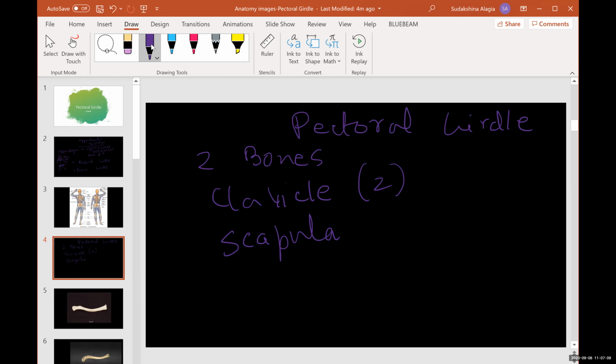Scapula. When you say two, call them scapulae; an individual is a scapula. Clavicle, or clavicles when you refer to two, and scapulae.